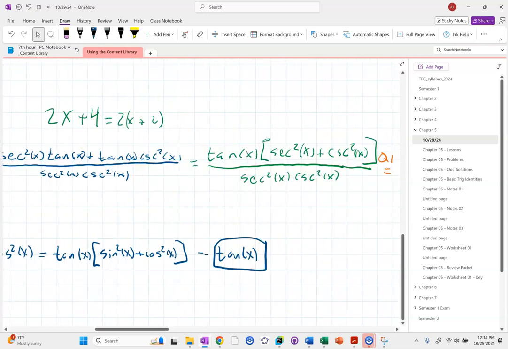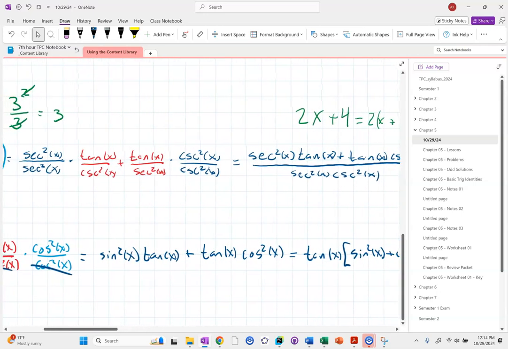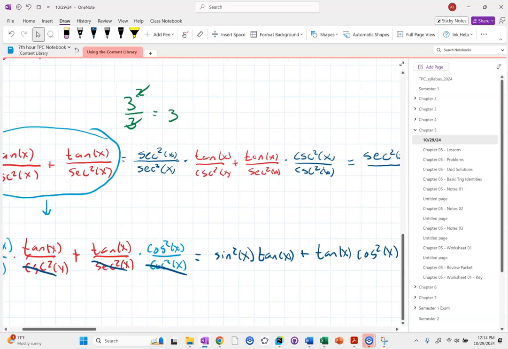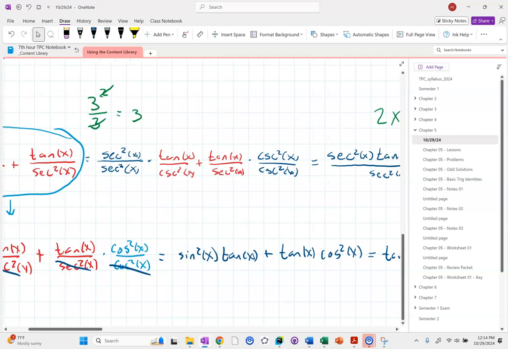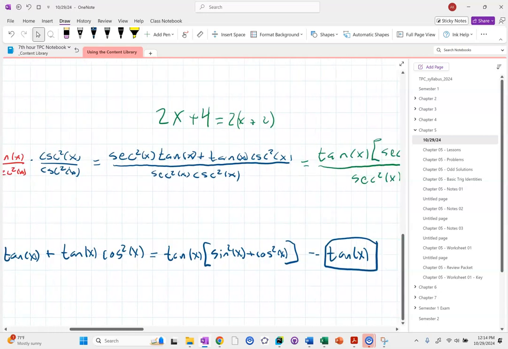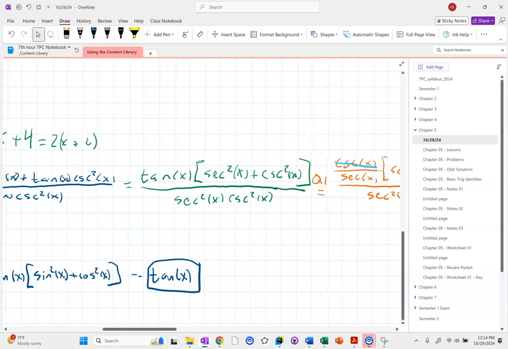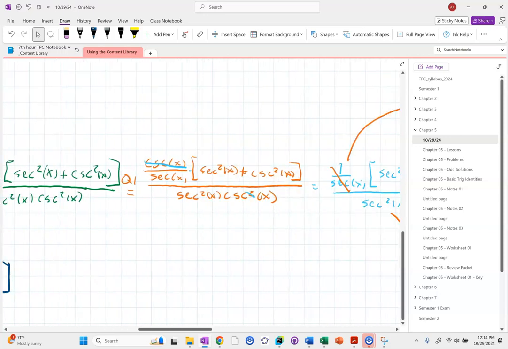That all looks okay. That reducing is fine.